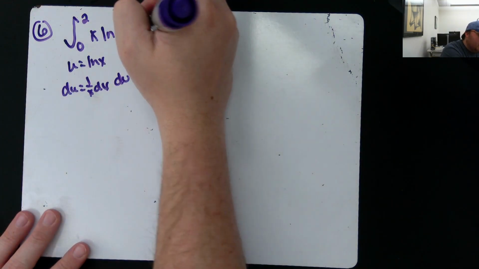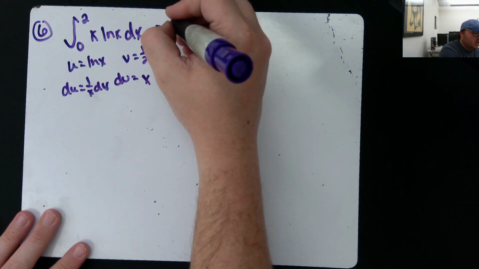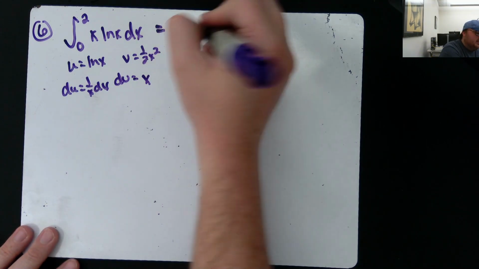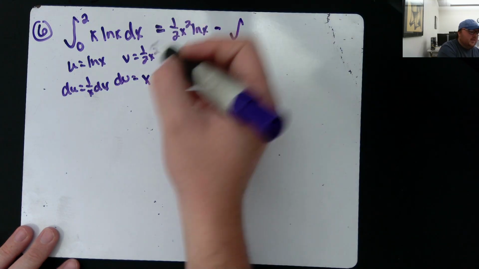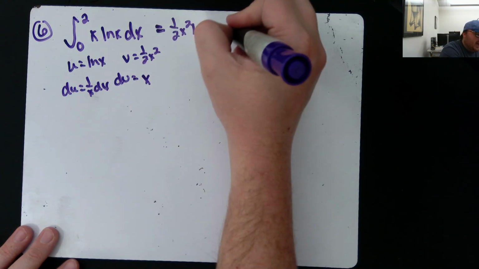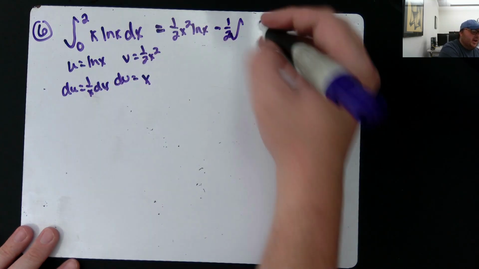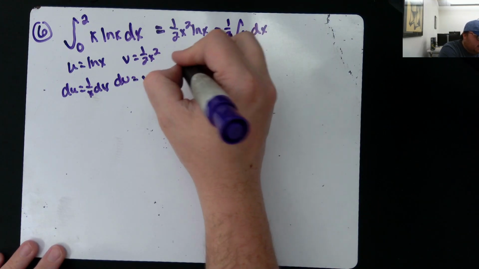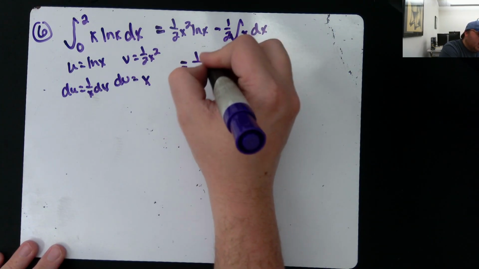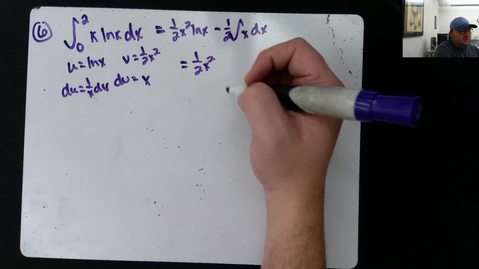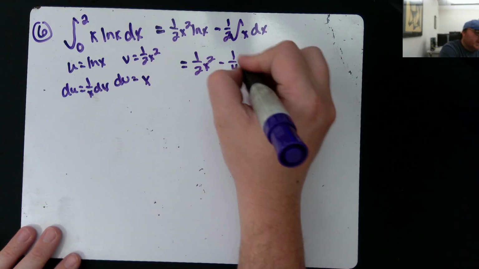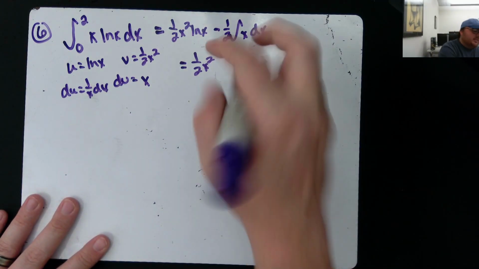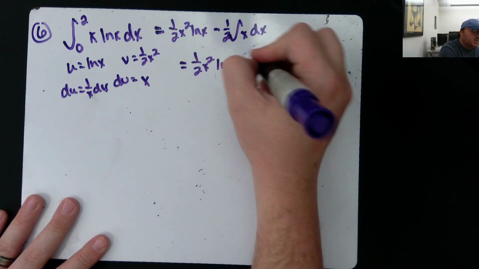So this is going to become uv, so 1/2 x squared ln of x minus the integral v du. So 1/2 x squared times 1 over x is just x. The integral of x is 1/2 x squared, so this becomes 1/4 x squared. Again, normally I would do plus c, but since I'm going to plug in bounds, I don't have to.